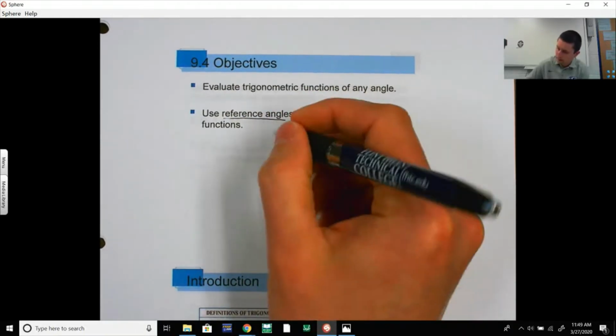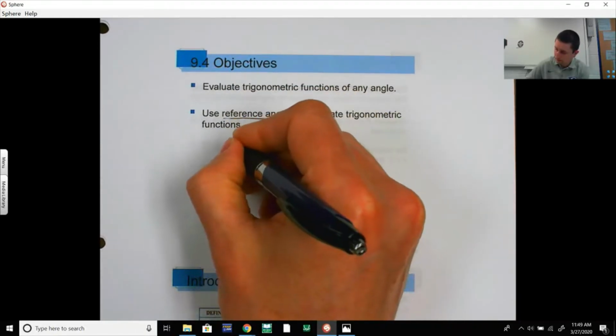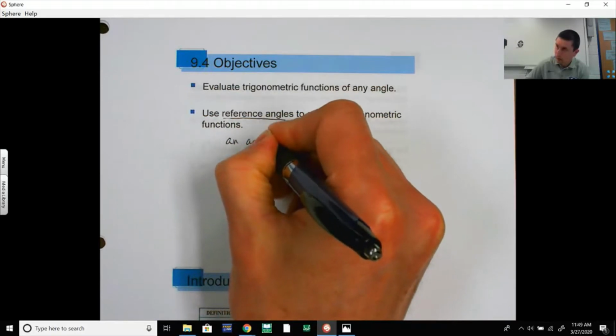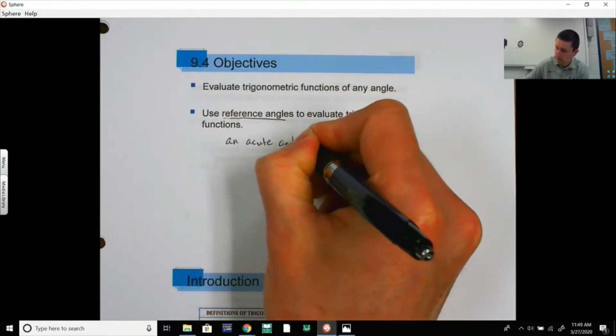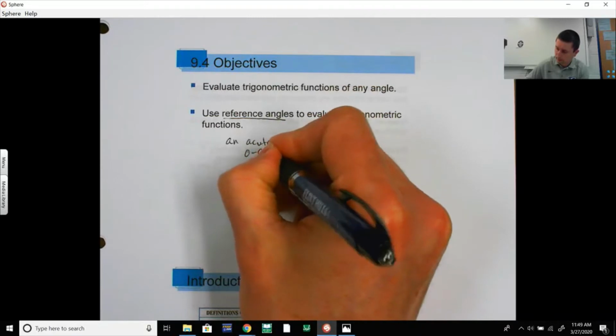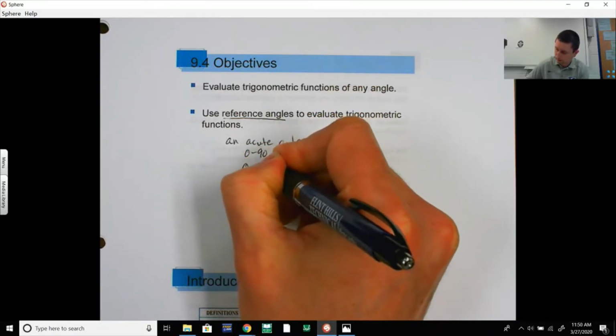Reference angles are basically an acute angle. Has to be between 0 and 90, or 0 to pi over 2.